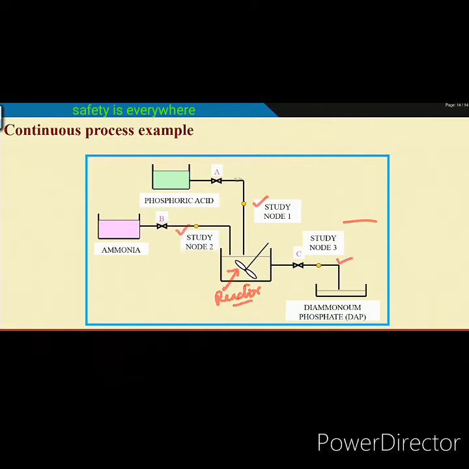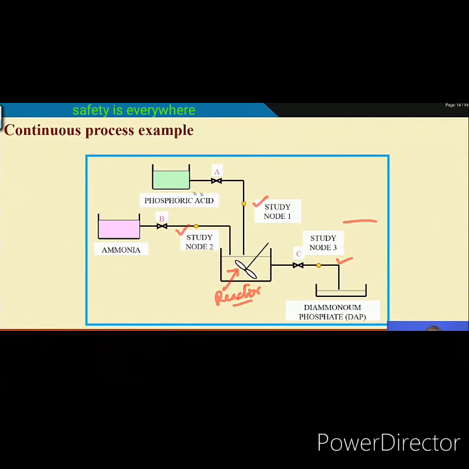You see, the study nodes are taken actually on the pipeline. The interesting point here is that this study node ultimately talks about the health of this acid tank, the valve, and the pipelines also. This one similarly talks about the ammonia tank, valve and the pipeline.